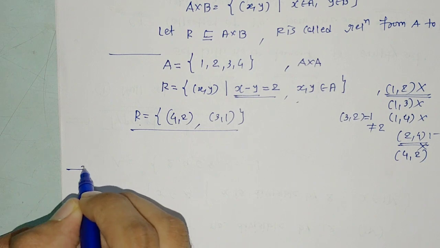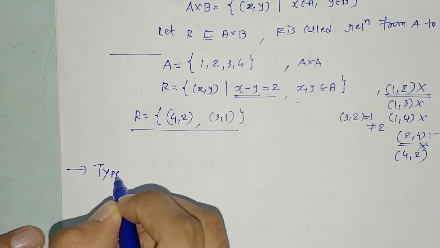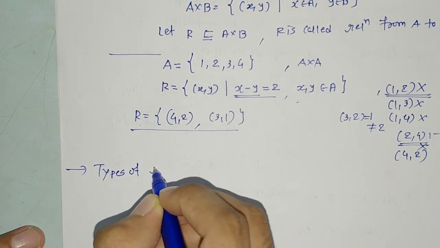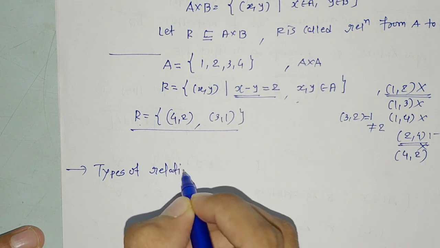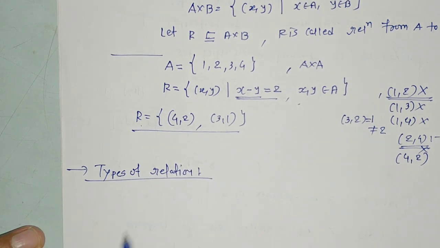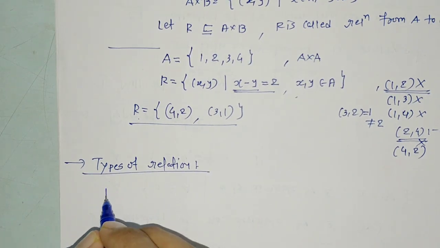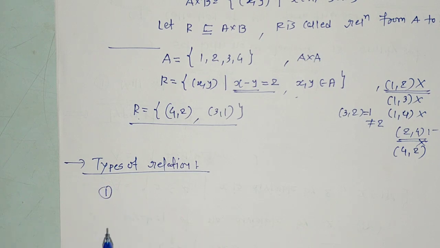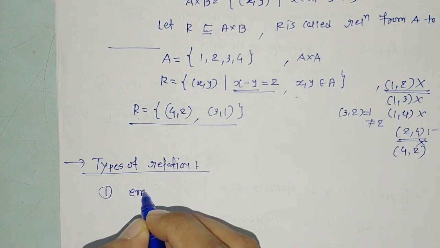Now let's go further. Types of relation. The first relation we are defining in this chapter, which we have already studied in the 11th standard also, is the empty relation.